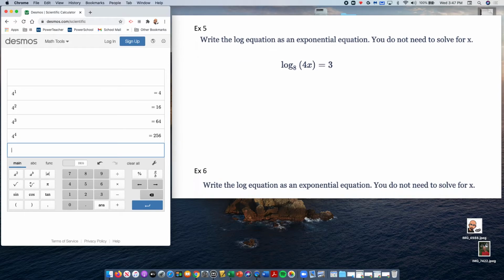Rewriting this one. This is 8 to the third is equal to 4x. I know it says I don't need to solve this one, but I'm going to solve this one. So if I wrote this, 8 to the third power equals 4x.